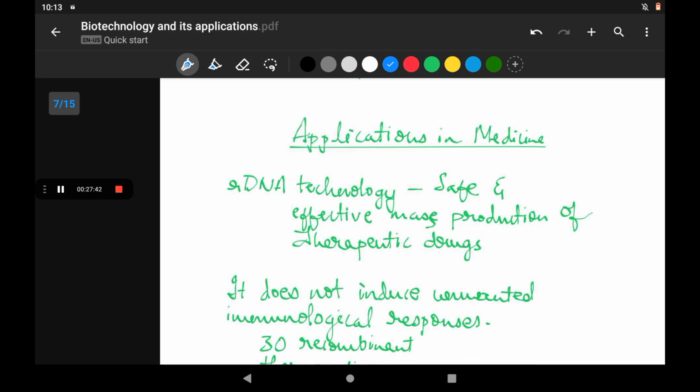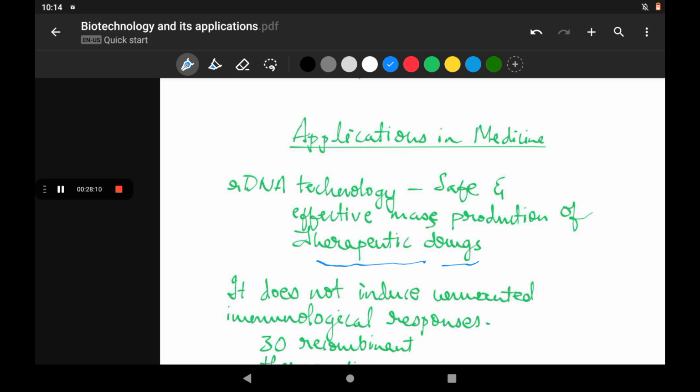So the applications in medicine. That is the next concept that we have in biotechnology and its applications. So recombinant DNA technology is a safe and effective way of mass production of therapeutic drugs. The therapeutic drugs are utilized to provide remedy. So the drugs obtained from this recombinant technology are mass produced.